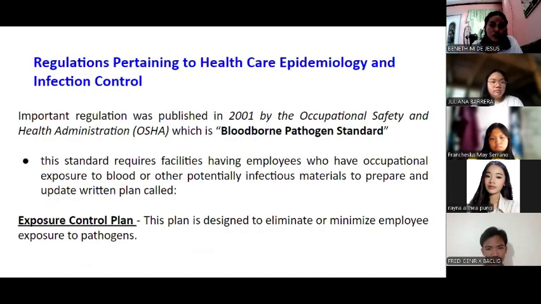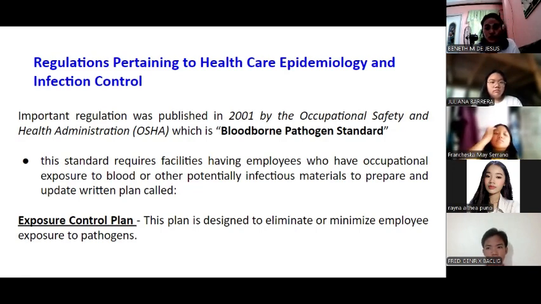So, regulations pertaining to healthcare epidemiology. Important regulation was published in 2001 by the Occupational Safety and Health Administration, or OSHA, which is bloodborne pathogen standard. This standard requires facilities having employees who have occupational exposure to blood or other potential infectious materials to prepare and update written plan called exposure control plan.